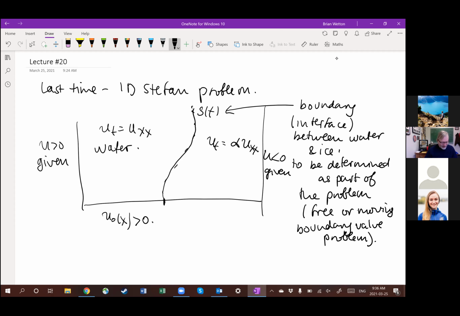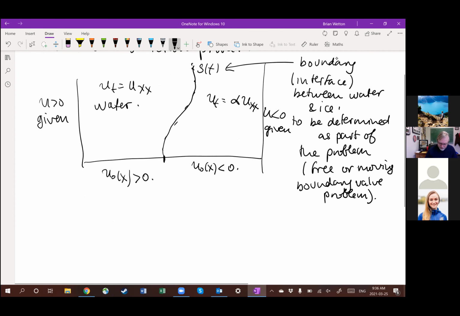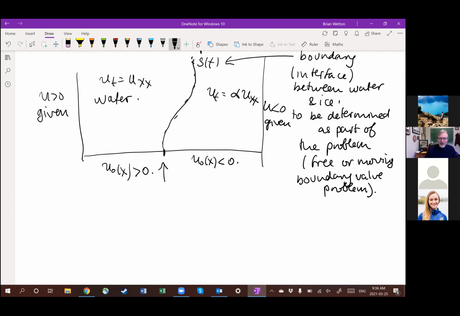And of course, I would have had to have given initial conditions here in the ice region that were below freezing. And then you look at here and you go, well, I've got parabolic problems on either side. So I'm going to need boundary conditions for them, one each.